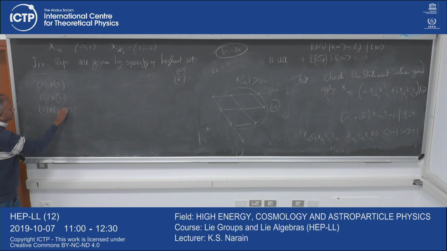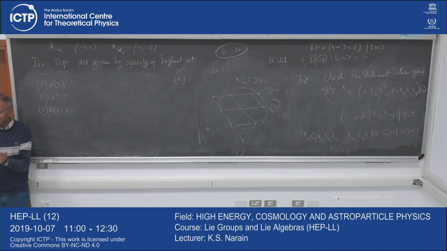The reason is that 3 is like a quark. Quarks are in the fundamental representation, and 3 bar are the anti-quarks. So by studying this, you are looking at what the possible QQ bar states are, which contain 1 Q and 1 Q bar.